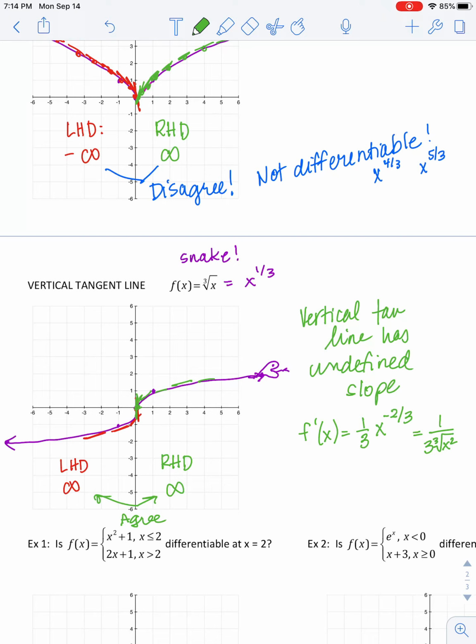And if you actually took this denominator and set it equal to 0, right, we would divide by 3, cube both sides, square root both sides. The only solution we get here is 0. So there is a finite way. If you take the derivative and figure out where it does not exist, right, you will have the value where the point of non-differentiability is.